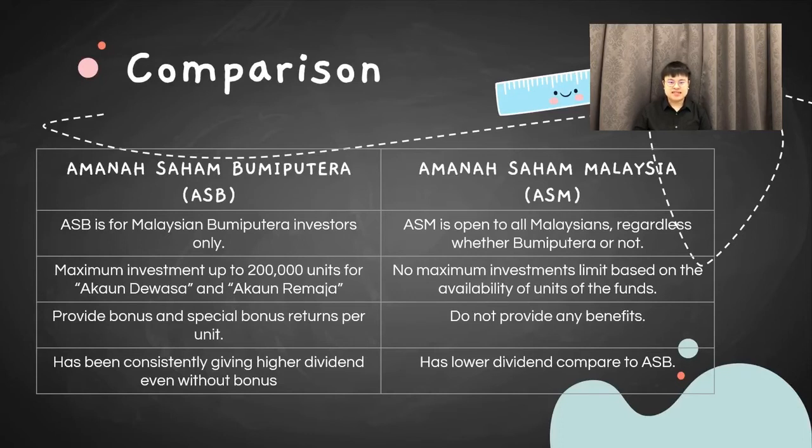Whereas Amanah Saham Malaysia has no maximum investment limit, based on the availability of units of the funds. Next, Amanah Saham Bumiputera does provide bonus and special bonus return per unit, while Amanah Saham Malaysia does not provide any benefit. Lastly, based on past year financial reports, Amanah Saham Bumiputera has been consistently giving higher dividends even without bonus compared to Amanah Saham Malaysia.